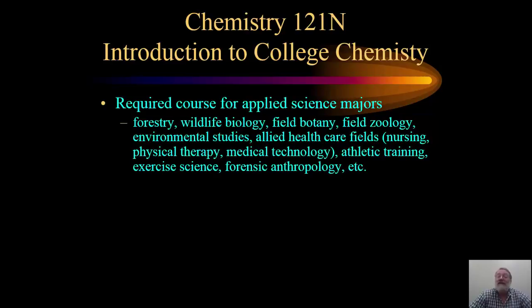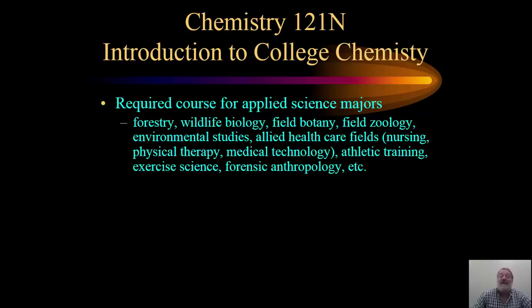It also includes field botany and field zoology students, environmental studies, which is a policy and advocacy program, all of the allied healthcare fields like nursing, physical therapy, medical technology. It includes athletic training and exercise science, forensic anthropology. So it's a required course for many different majors.